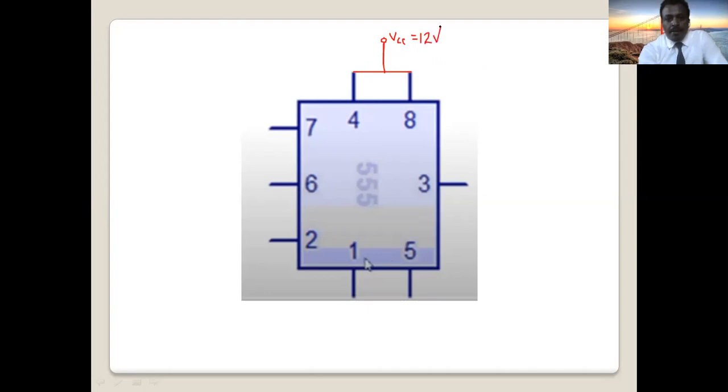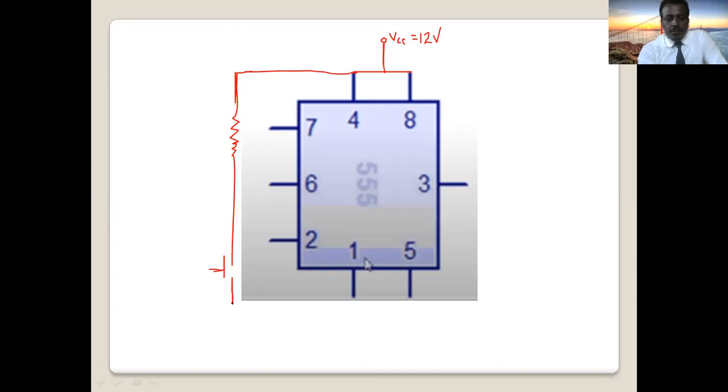Okay. Now pin number 6 and pin number 2. So these are 2 inputs. So I connect one external resistor, 10 kilo ohm, and my input, in this case, I'm going to use a switch.